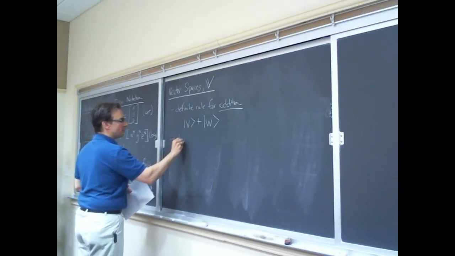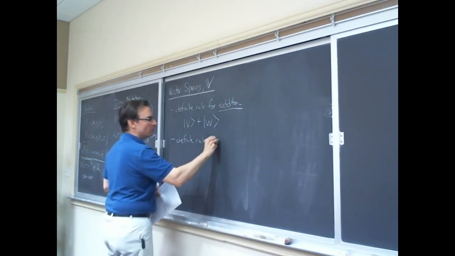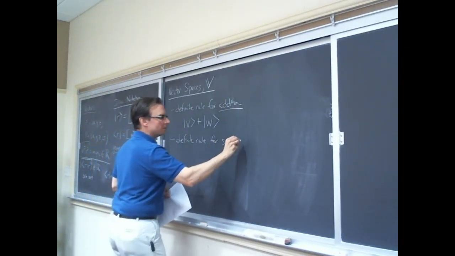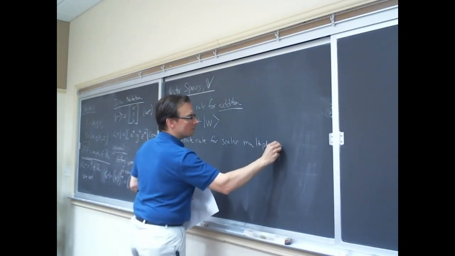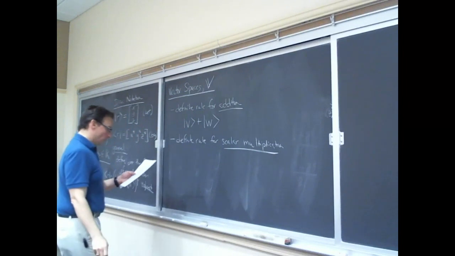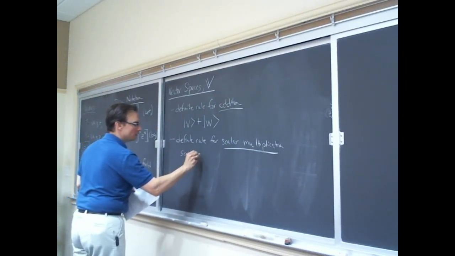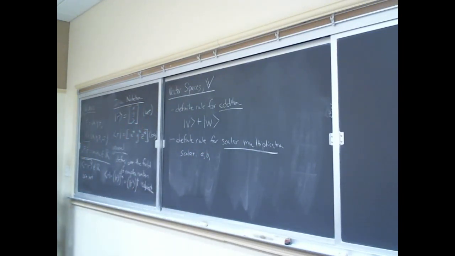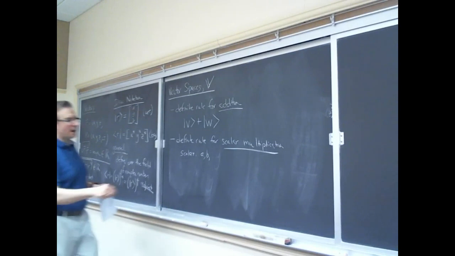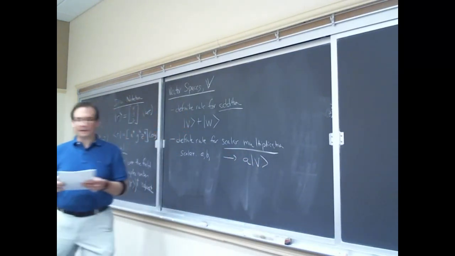There's also a definite rule for scalar multiplication. In other words, if you have a bunch of scalars, a, b, dot, dot, dot, then you can define some kind of product, a times a vector v.